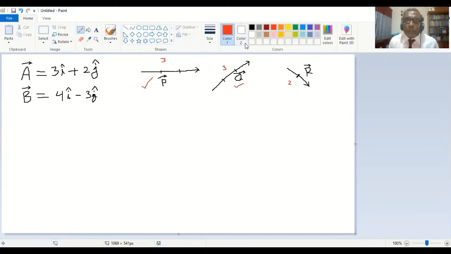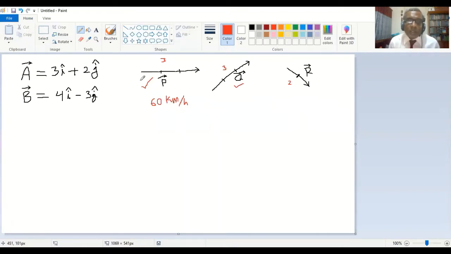Now let me give you another example. Say P is a velocity, and the velocity is 60 kilometer per hour. So P is the vector which is 60 kilometer per hour, because velocity is a vector term, we already know.